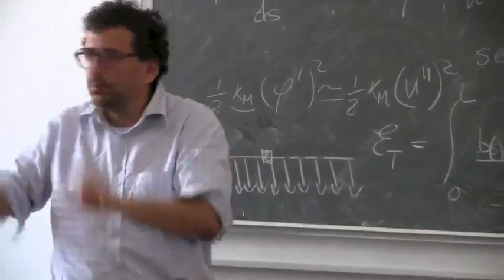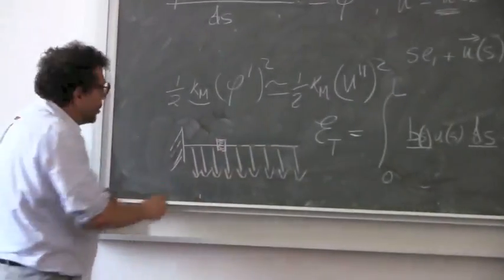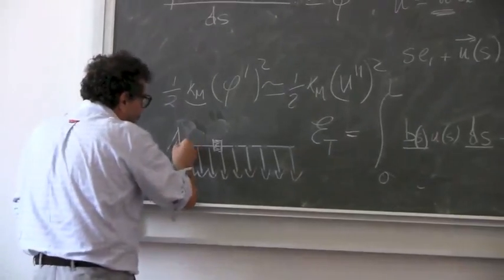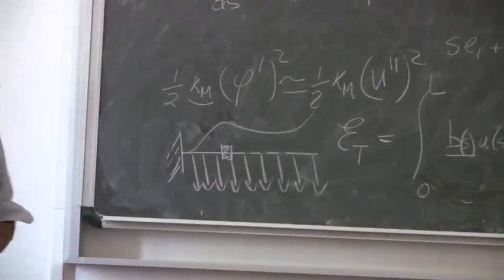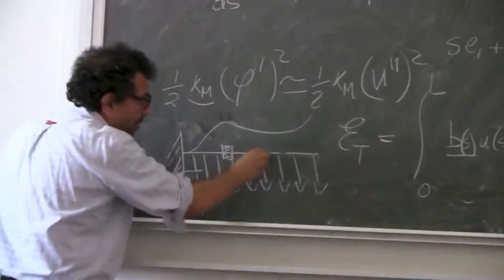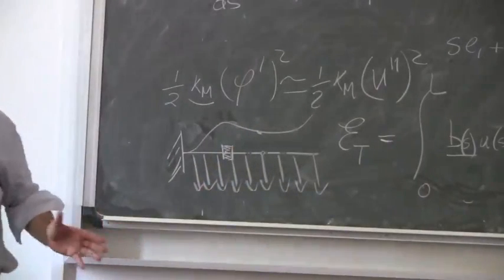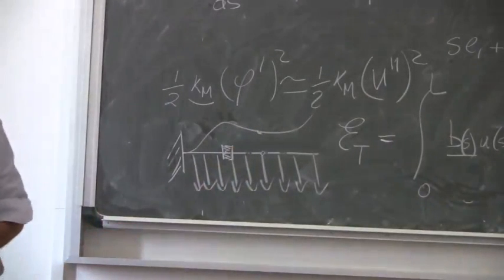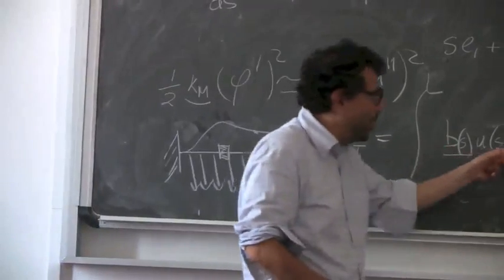I tell you this. You take this being, you consider it with a given shape, okay, and simply because this animal moved from here to there, it has a potential energy, which is given by Bs us ds.